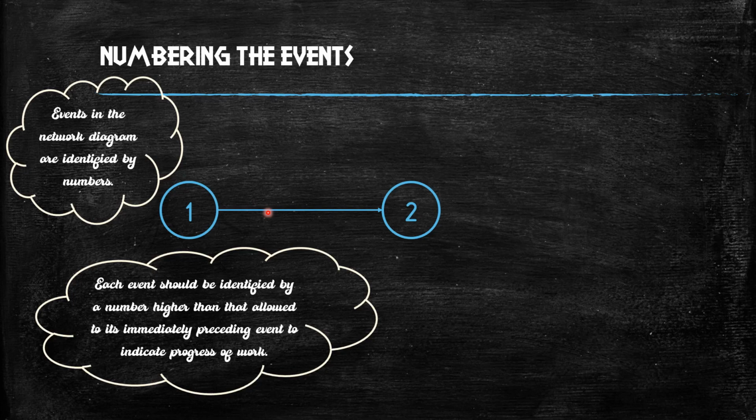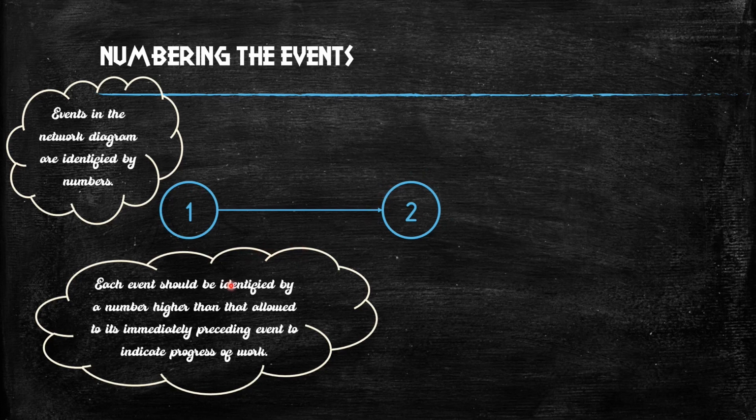And you have one activity between the events. That is, this activity starts from event 1 and ends at event 2. So this event indicates the starting of the activity and this event indicates the ending of the activity.